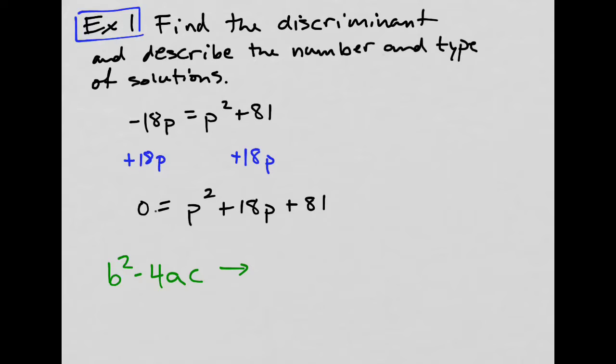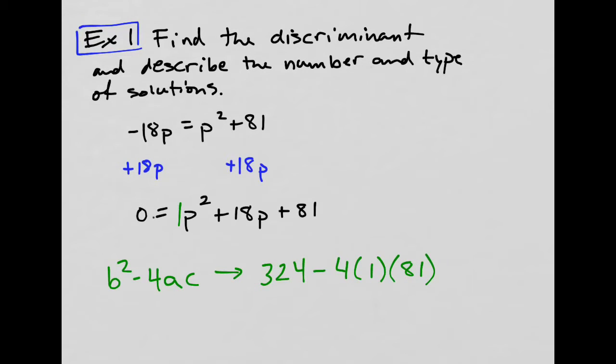Well, b is 18, so 18 squared is 18 times 18, which is 324, minus 4 times 1, because a is 1, and c is 81.